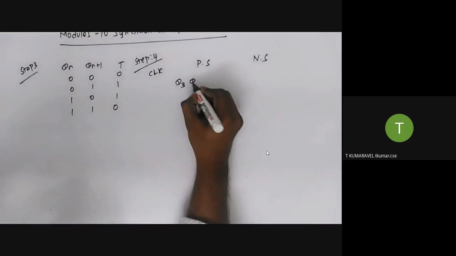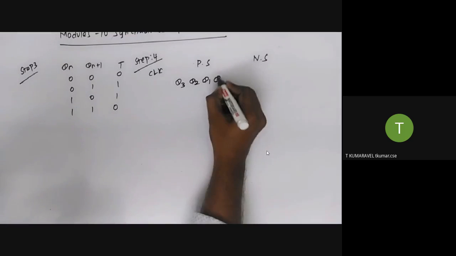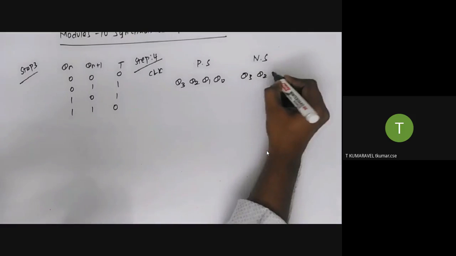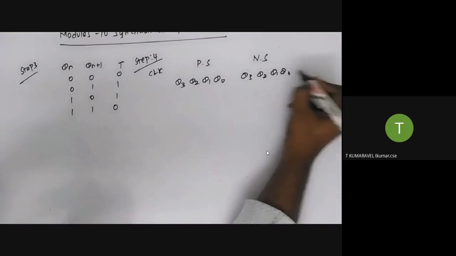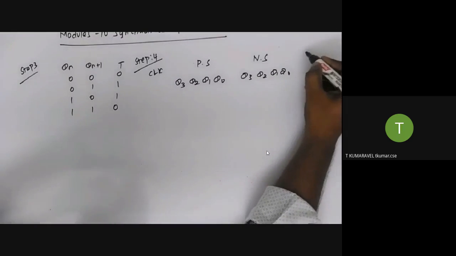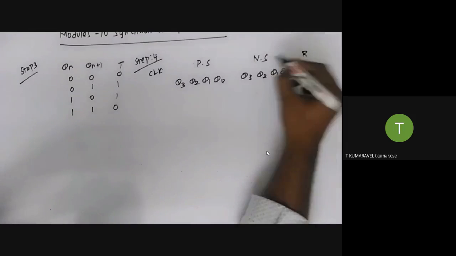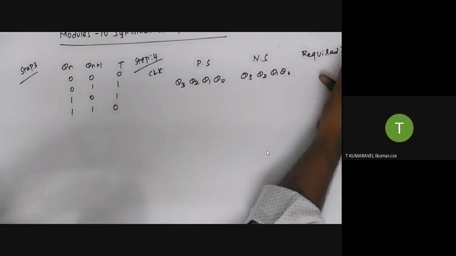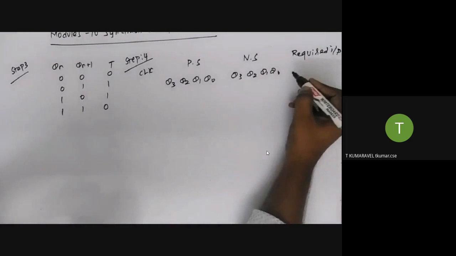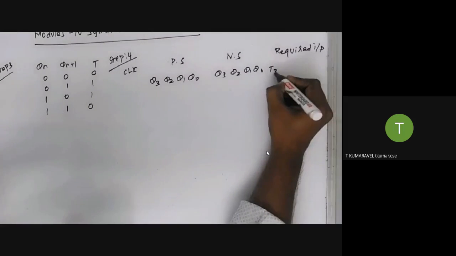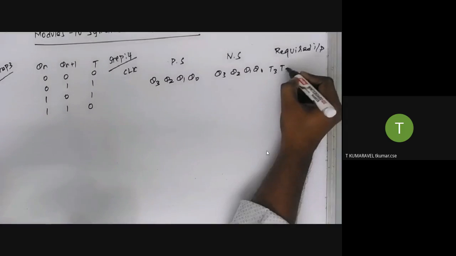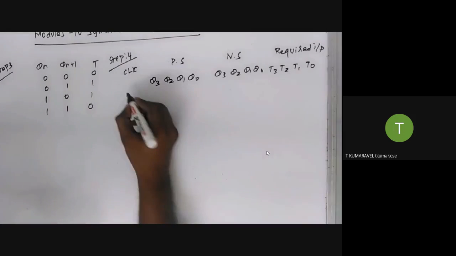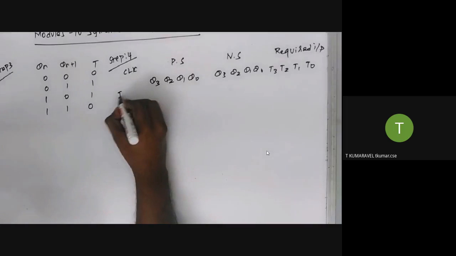Each one of them generates an output, that's why the state has 4 bits: Q3, Q2, Q1, Q0. This is the present state, this is the next state. What is the next parameter? The flip-flop inputs: T3, T2, T1, T0.